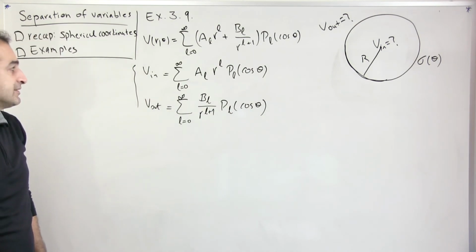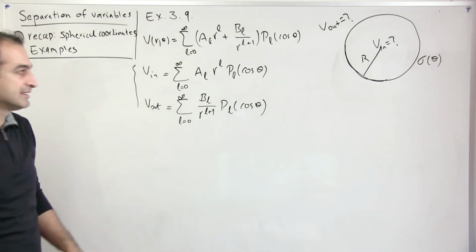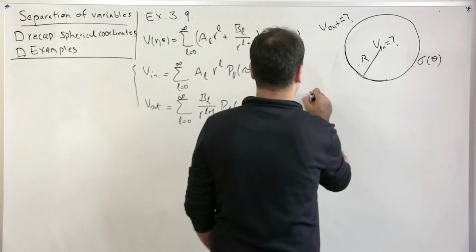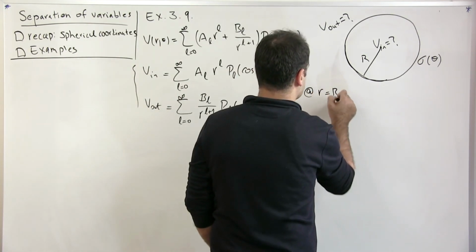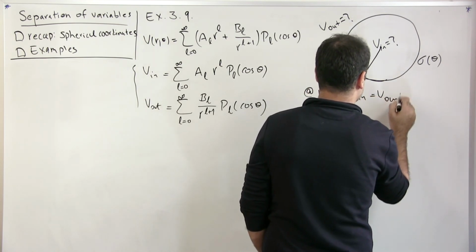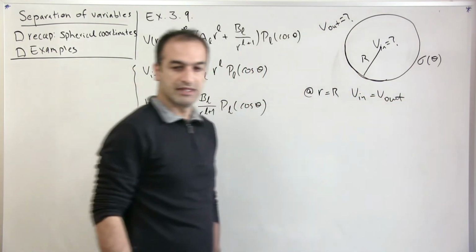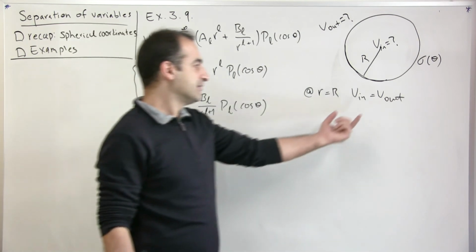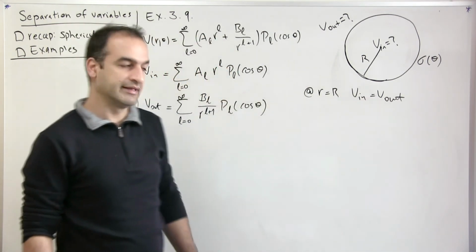Sounds good? Now these two should match on the surface. That means at R equals capital R, V in should be equal to V out. If you're on the surface, the potential should be continuous.